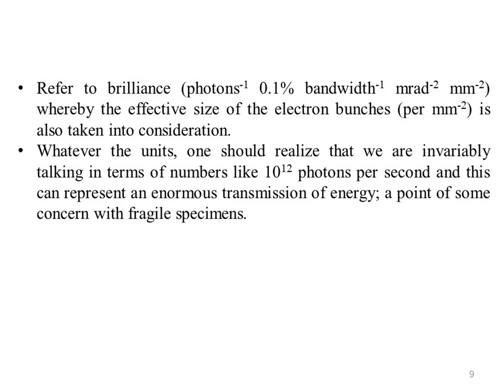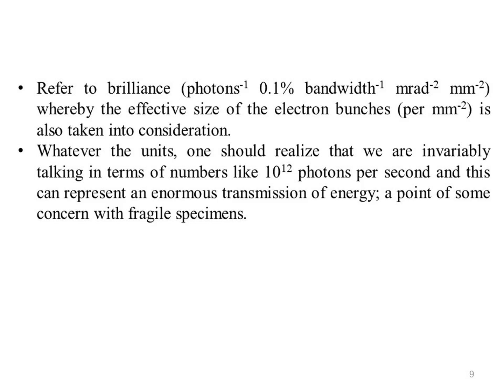Note that the white source contains all wavelengths per percent bandwidth and that the radiation is spread out over a fan per milliradian squared. It is customary now also to refer to brilliance, in photons per 0.1% bandwidth per square milliradian per square millimeter, whereby the effective size of the electron bunches per square millimeter is also taken into consideration.